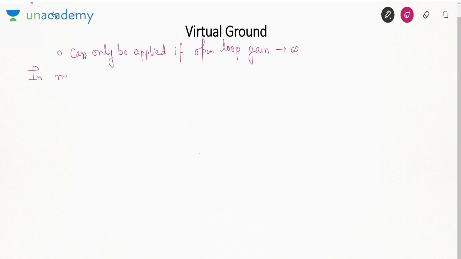In negative feedback, what I told? In negative feedback, we just now derived the gain, right? So tell me, what was the gain V naught by V in? It was A over 1 plus A beta.